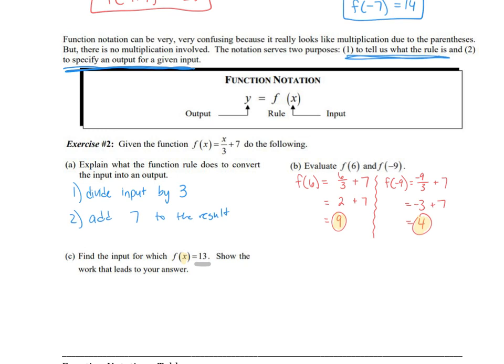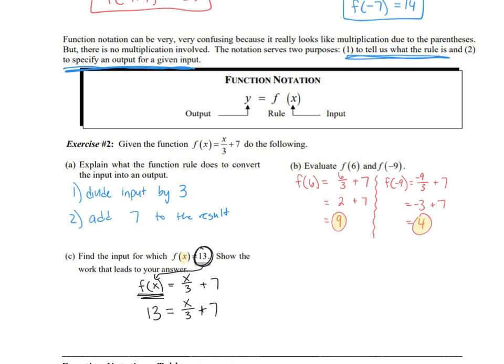So let's go back to our function. We know our function f of x equals x over 3 plus 7. For this one, I'm giving you f of x equals 13, so you want to plug that in for f of x, the whole thing. I'm going to set up the equation 13 equals x over 3 plus 7.